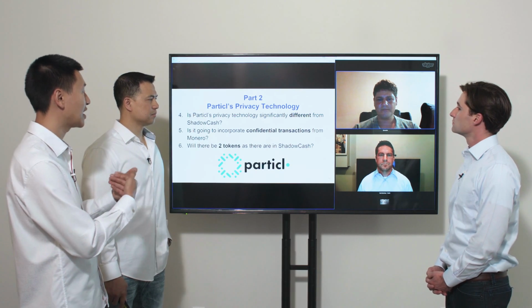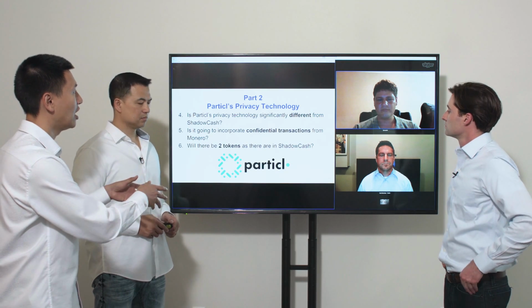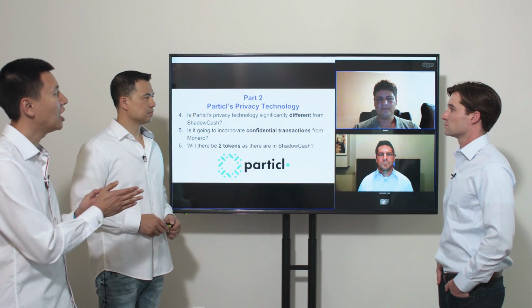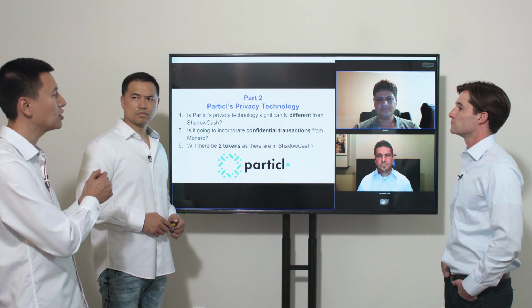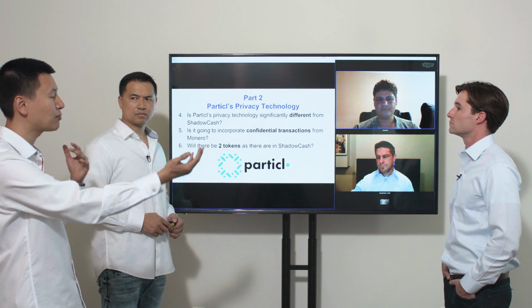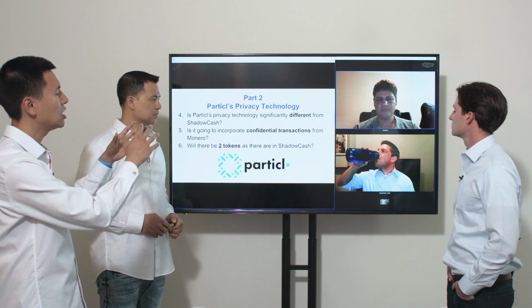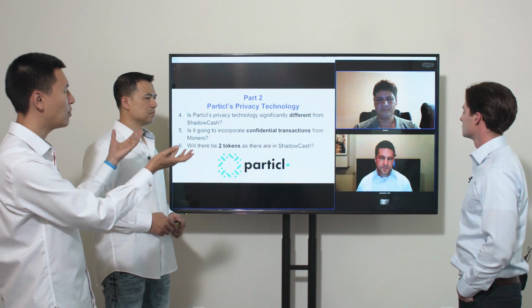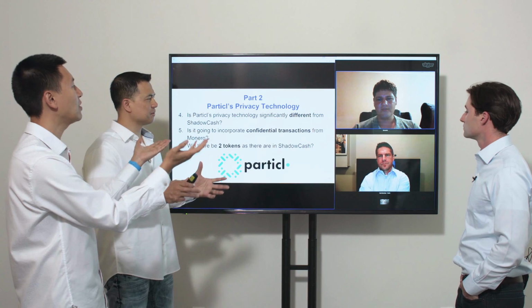I've never heard of an SDT until I actually researched Shadow Cash, because it was always the SDCs that were traded. I guess my question is, do you believe the primary token is going to be the public balance or the private balance? Because the whole point of Particl is the privacy features, so why are there these two tokens here? Yeah, why not just make it default? Why not just make it one, like Monero?